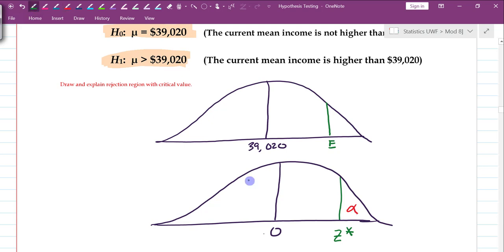And here we're going to write our fail to reject, and here we're going to put alpha. And so if we end up with a test statistic in here, we're going to fail to reject H naught.